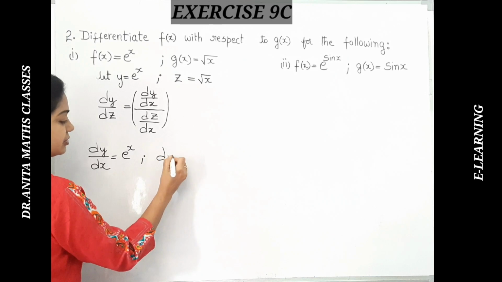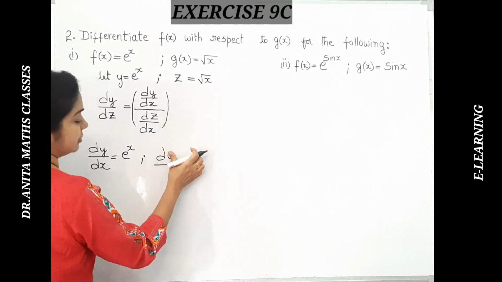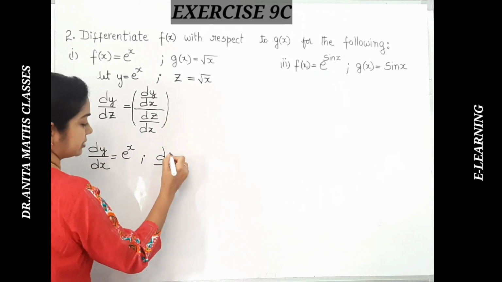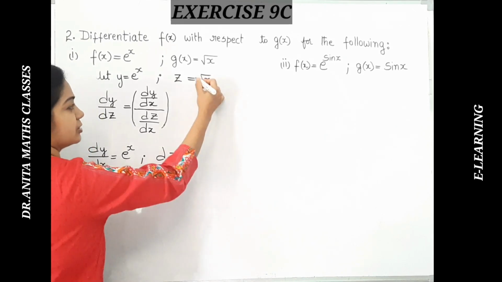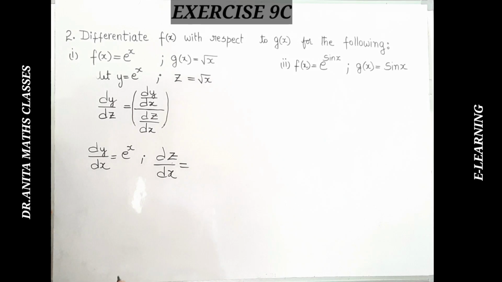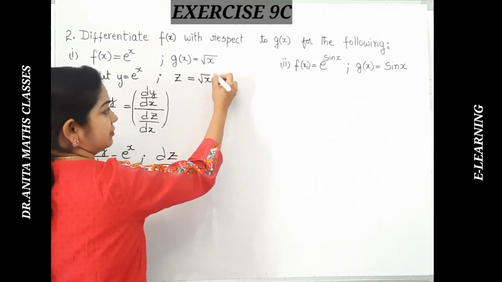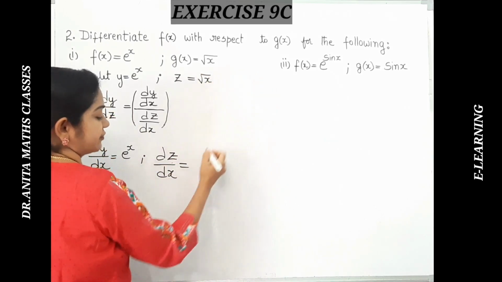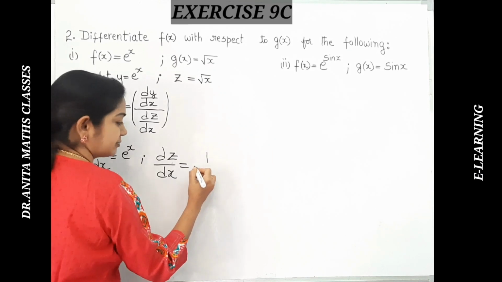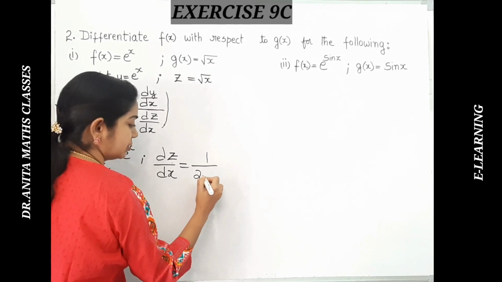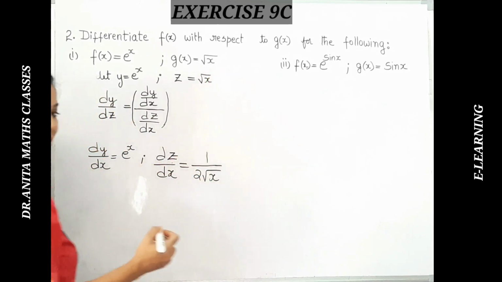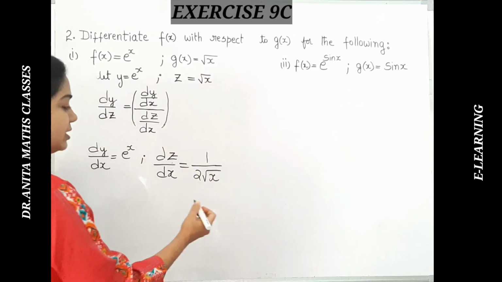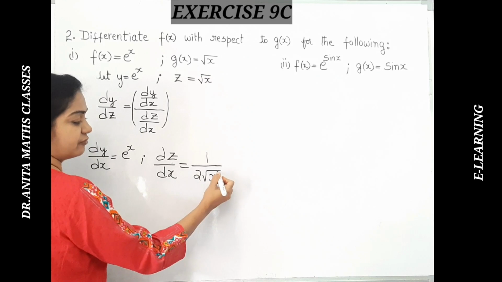Similarly, the differentiation of the z function with respect to x. That is root of x. That means, if you write it in exponential form, x raised to the power of half. So that half comes down before, 1 by 2 under root x. This is the differentiation of root of x. That means half minus 1, so that is x raised to the power of minus half.